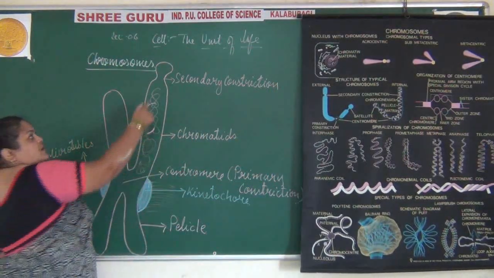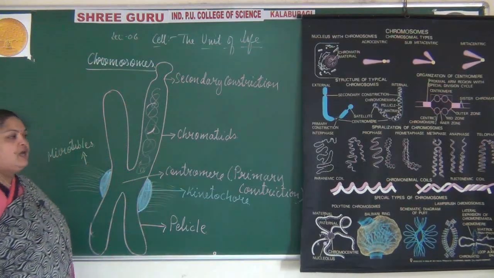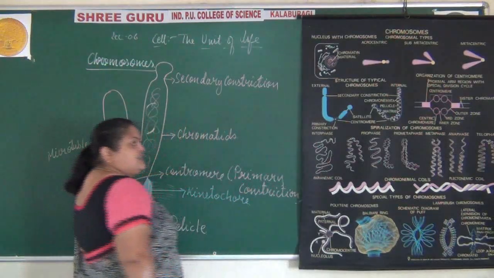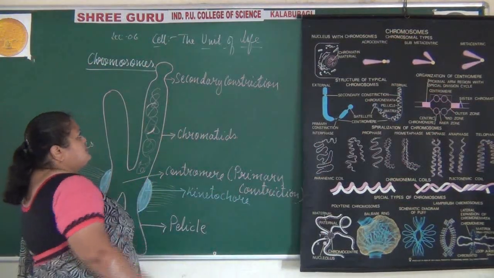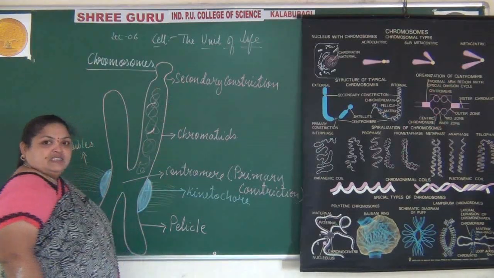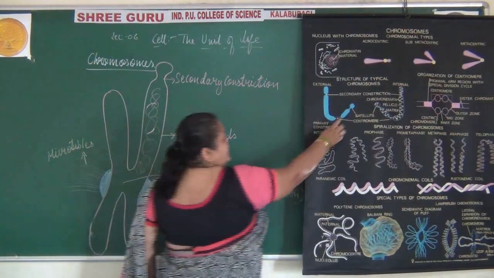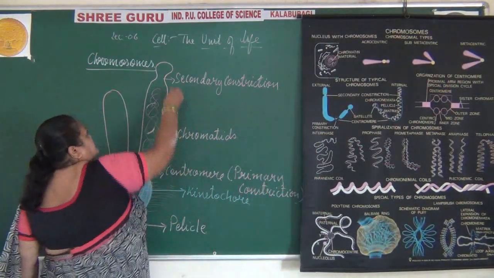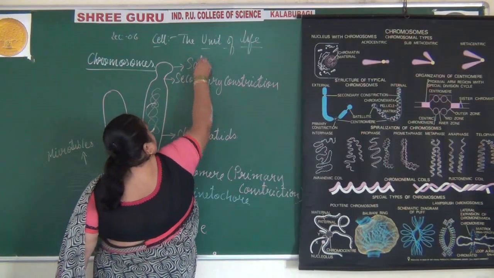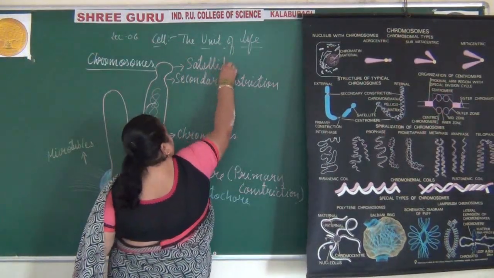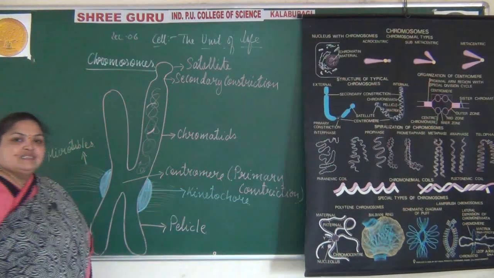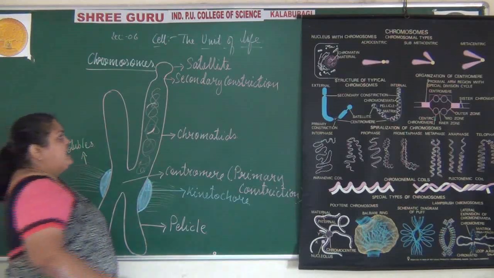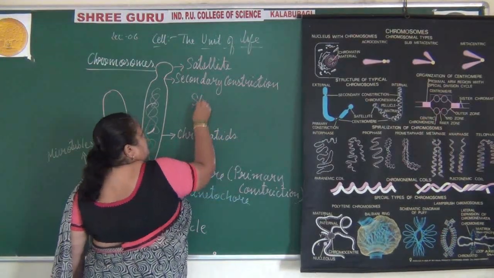On one arm or both arms, there is another narrow region called the secondary constriction, and the knob-like structure around it is known as the satellite. Such chromosomes which have the satellite are called SAT chromosomes.